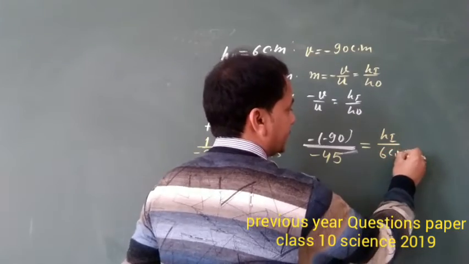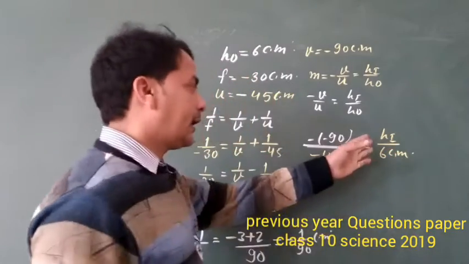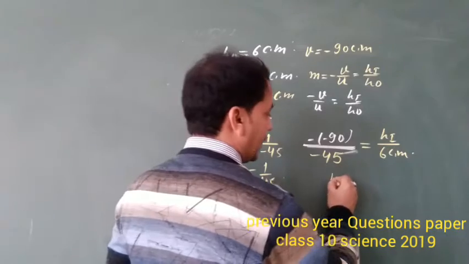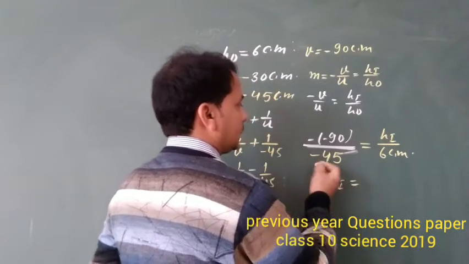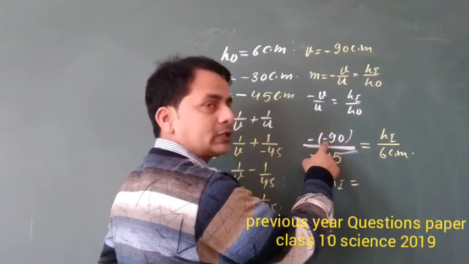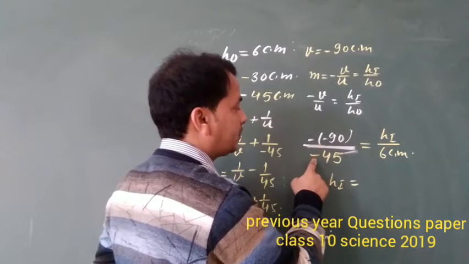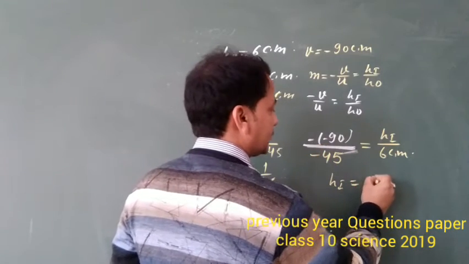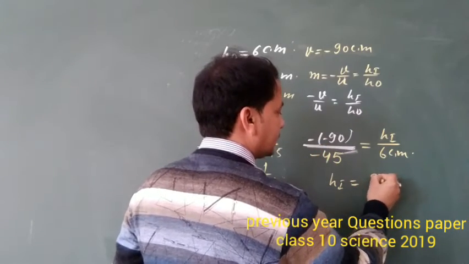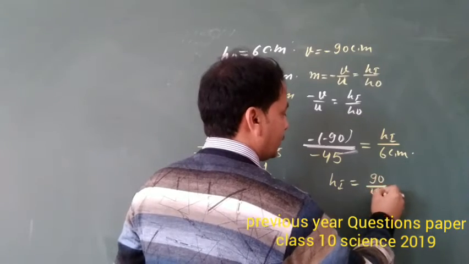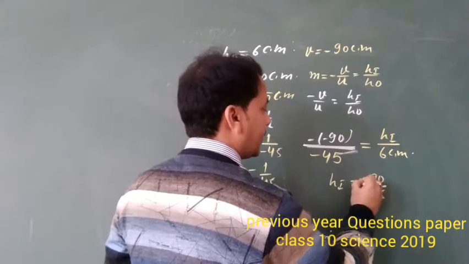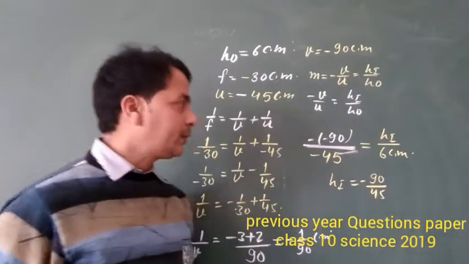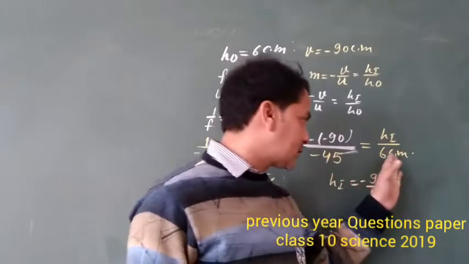So also calculate the height of the image here. h_i equals minus into minus, that is plus, and here the minus, then 90 by 45, that is minus 90 by 45, and cross multiplication with the 6 centimeter.